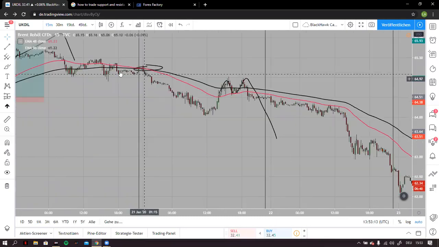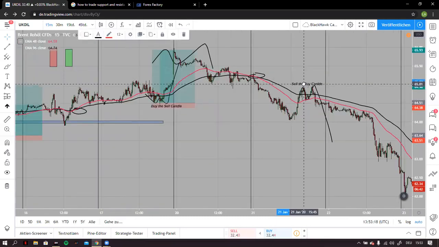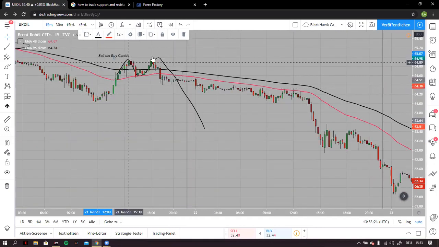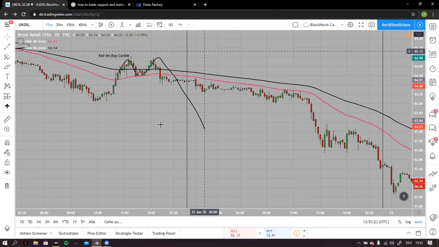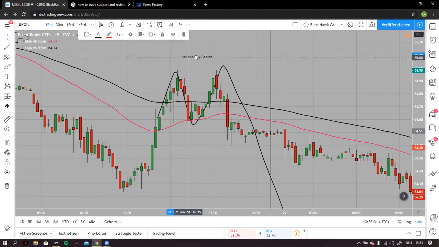So, what do we do here? We sell the buy candle here, or if you want to get the second leg of the information, which would be, I would say, a much better confirmation for us.